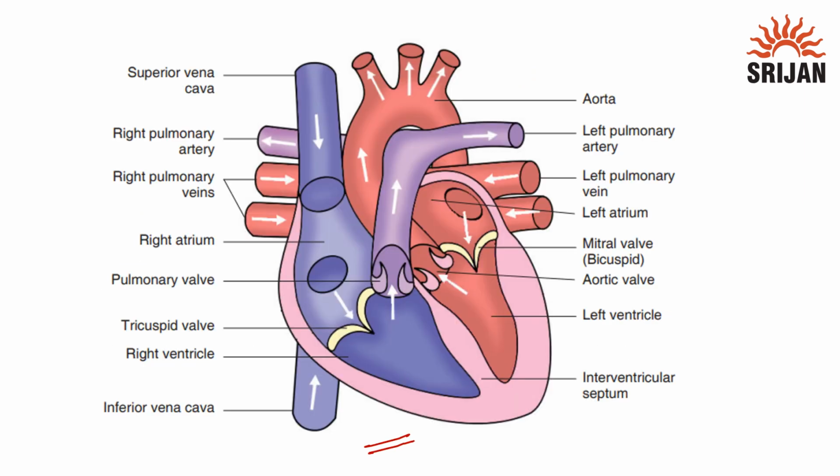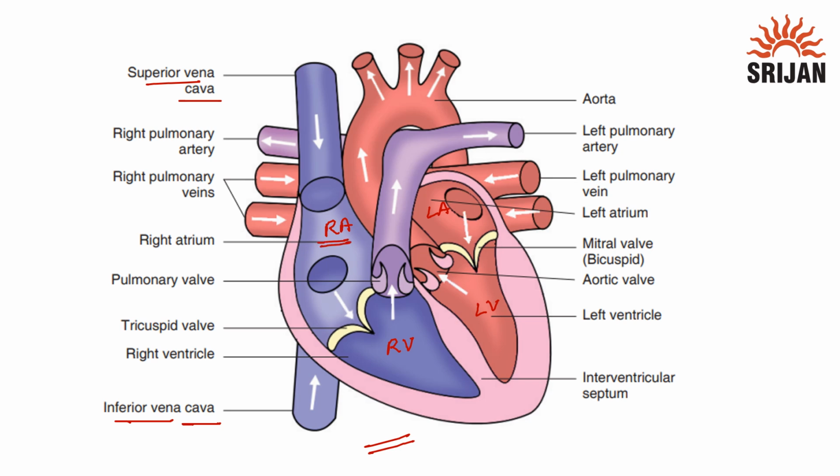Here we have the internal structure of the heart. This is the right atrium, this is the right ventricle, this is the left atrium and this is the left ventricle. Here we have the superior vena cava and inferior vena cava which will bring deoxygenated blood from the body to the right atrium.